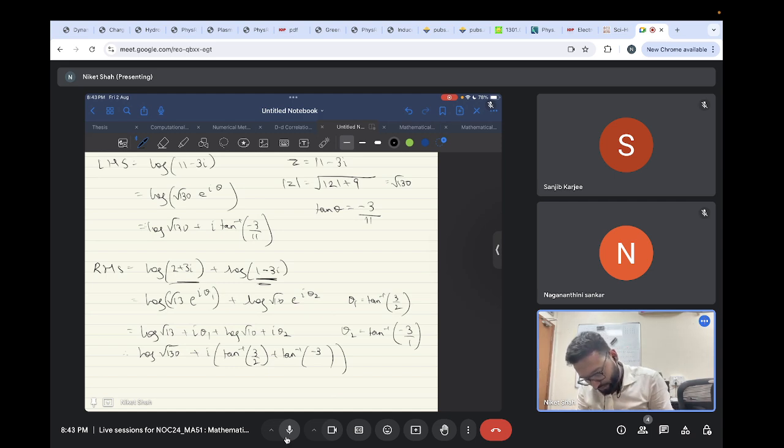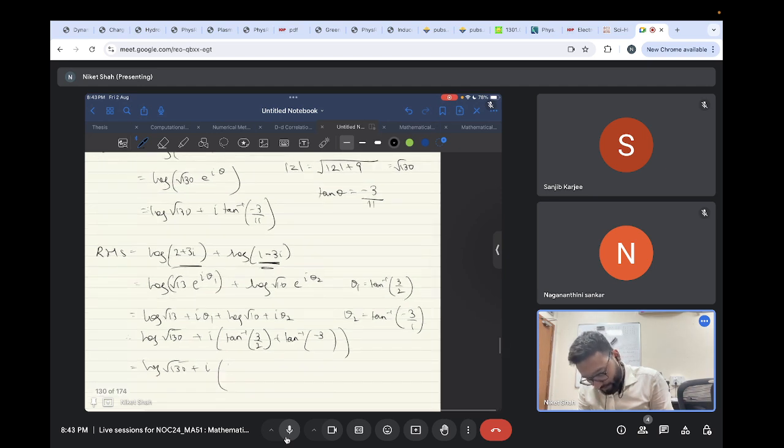Of course. So it is equal to log square root of 130 plus i times tan inverse of tan A plus tan B, which is 3 by 2 minus 3, divided by 1 minus tan A tan B, which is 9 by 2.